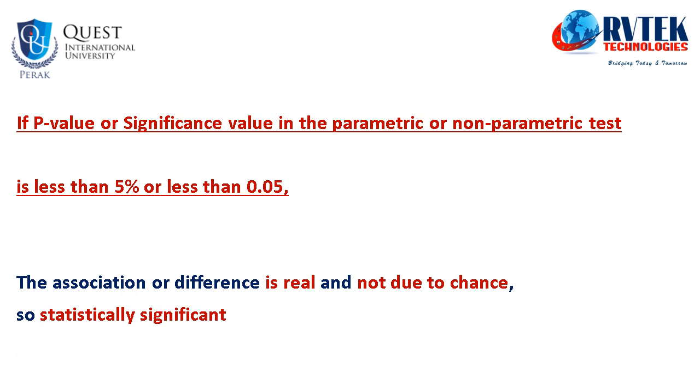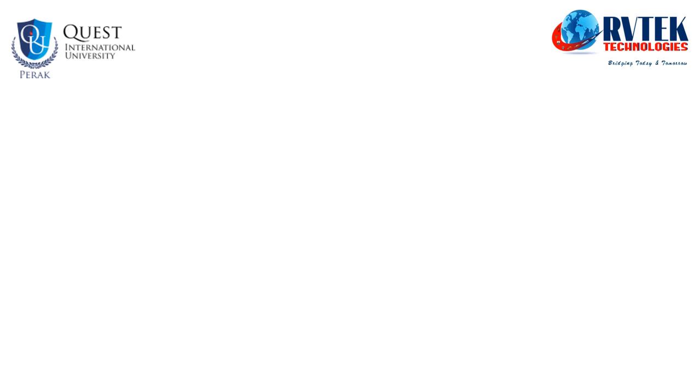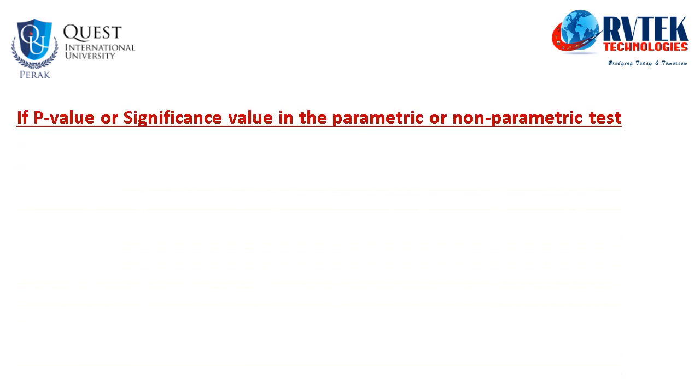Okay, understood? Similarly, if the p-value or significance value in the parametric or non-parametric test is more than 5% or more than 0.05, what does it mean? P-value means probability to get the association or difference due to chance. If it is high, it is due to chance.